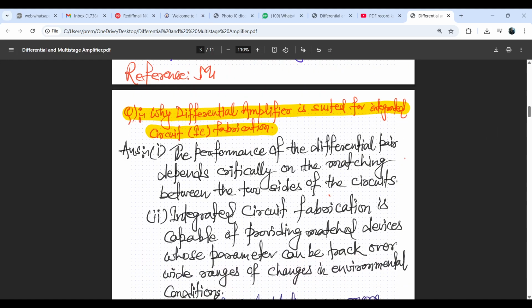The performance of a differential pair depends critically on the matching between the two sides of the circuit. So in any IC design we require very similar or very symmetric circuitry. So that's why this differential amplifier circuit is symmetrical.